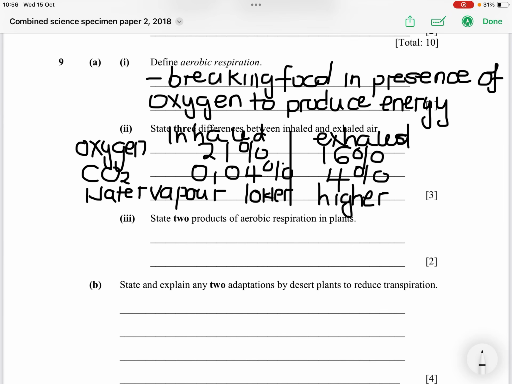And then state two products of aerobic respiration in plants. So for aerobic respiration in plants, we are going to have the carbon dioxide, we have the water, and also we have the energy.